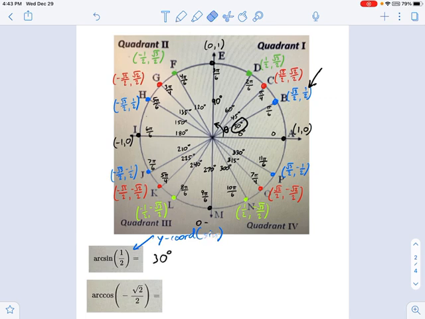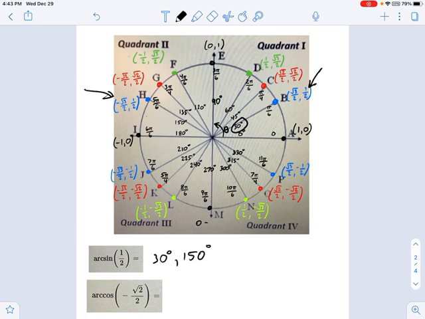Now you may make a mistake and forget to limit yourself to certain quadrants on the unit circle. You may say, oh, there's another one right over here. See that? Y equals 1/2. So you may answer 30 degrees and 150 degrees. But the program wants you to say just 30 degrees.